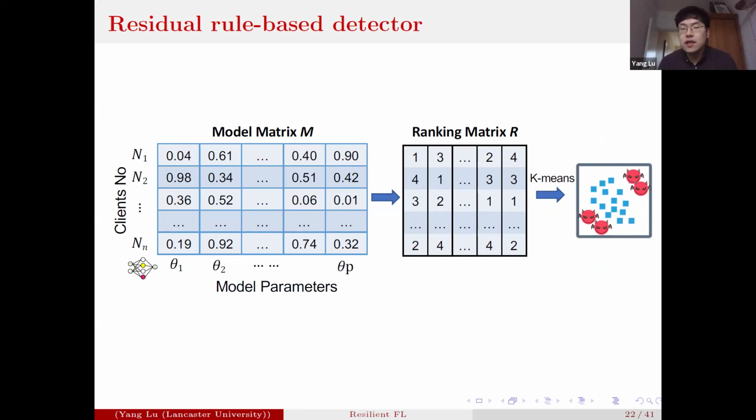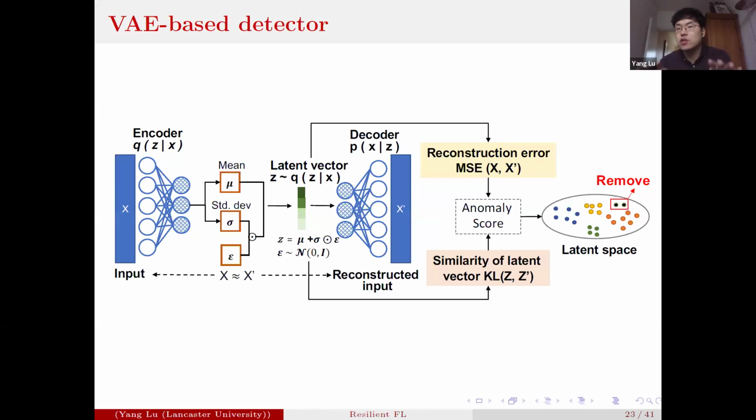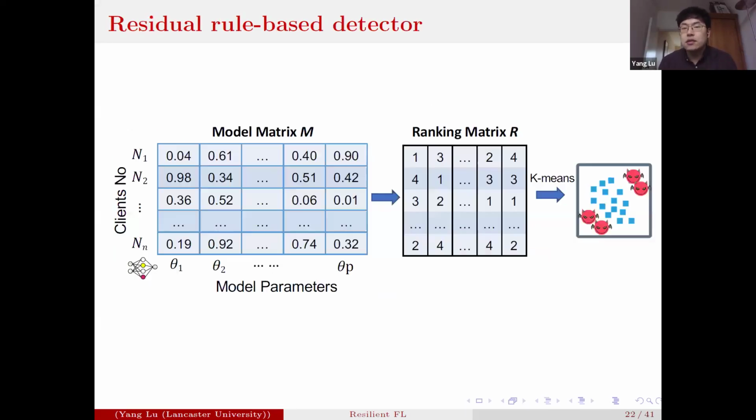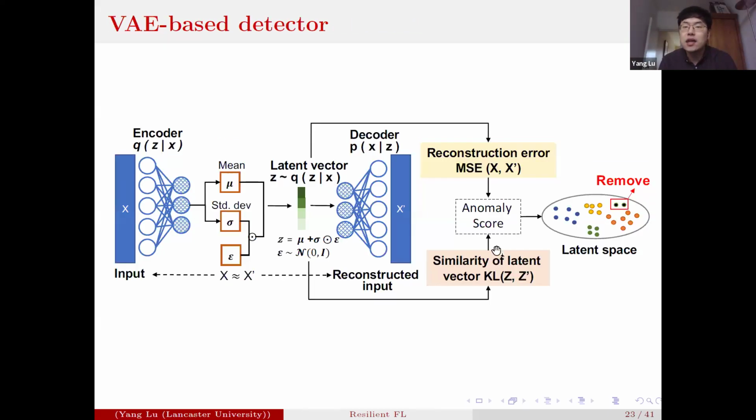Or you can still run this one and this one sequentially, but you may assign a more conservative threshold in the first part, to try to remove more attackers in this part, so that here you only have relatively fewer learners remaining. That provides you flexibility in this way.